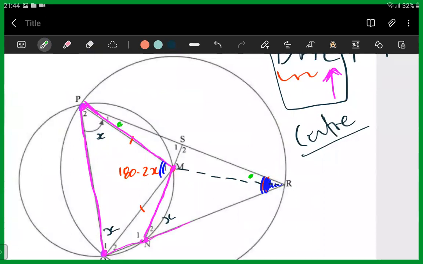Remember, we're trying to prove that PS is equal to SR. But remember, we need a combination of three things where it's not all three angles.